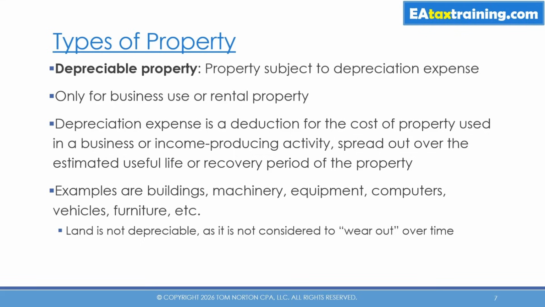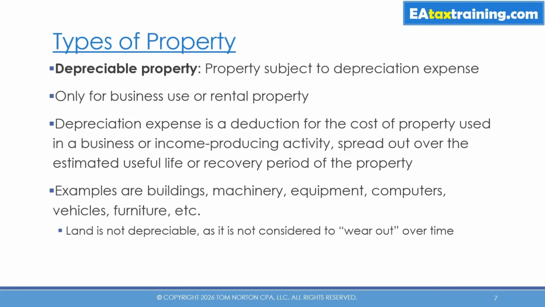So when you spend money in a business, you generally get to deduct it. If you are buying an asset that is going to last several years, or you expect it to last several years, then you're generally not going to deduct it all in the year that you pay for it. Instead, you're going to spread out that expense over its estimated useful life.